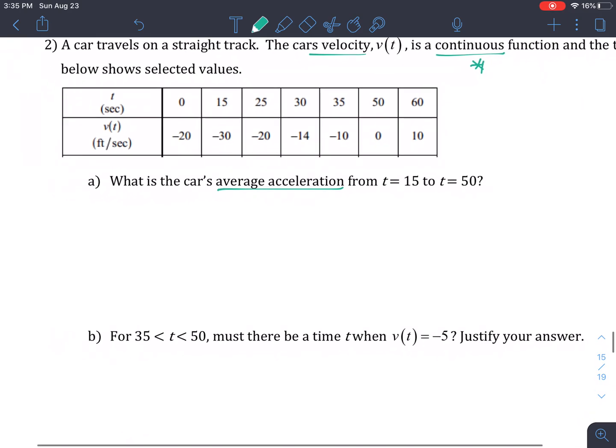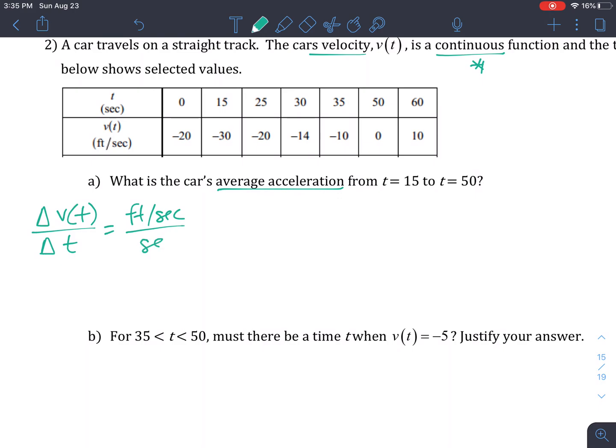Average acceleration we can find out by taking the change of velocity, so delta for change, divided by the change in time. Because this would be feet per second, which is actually feet per second squared, which hopefully you guys have an idea would be a unit of acceleration.